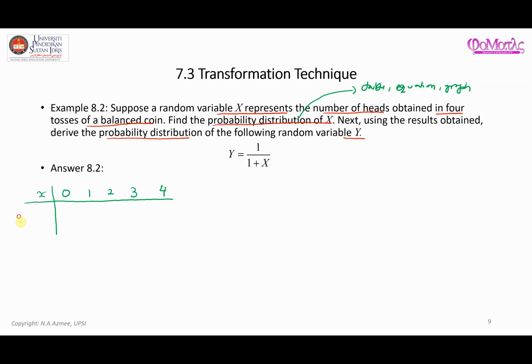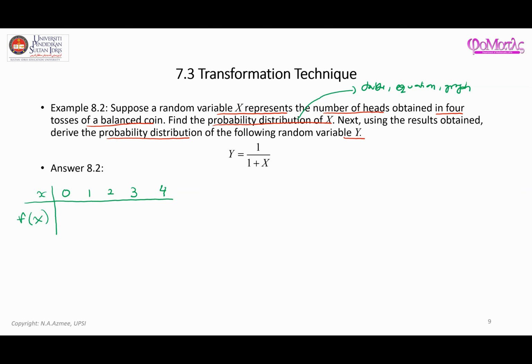Now, our next job is to find the probability of each value here. Of course, the easiest way to picture the whole thing is by using a tree diagram.